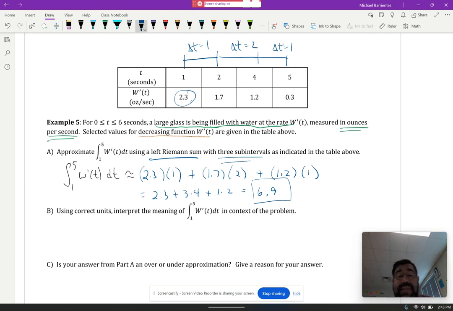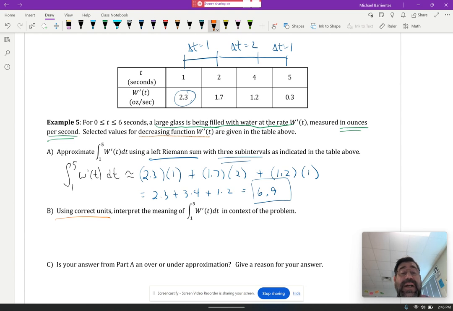Now the question is, does it tell me to use units? It doesn't. So it's just looking for the approximation. But in part B, it says, using correct units, what does this symbol mean? What did we just find? Well, let's go back to the context and think. Are we accumulating different types of change, like positive and negative, or is it all the same type of change?